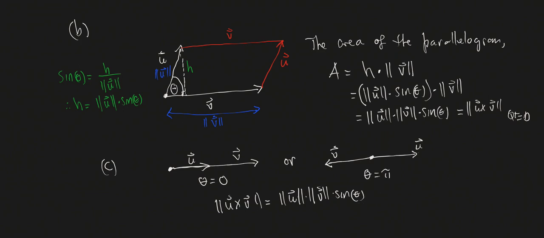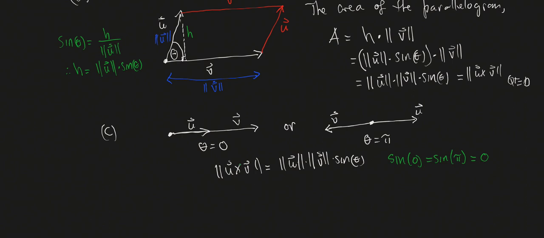The sine of 0 is the same as the sine of pi, which is equal to 0. So whenever the angle between the vectors is 0 or pi, the magnitude of the cross product is equal to 0.